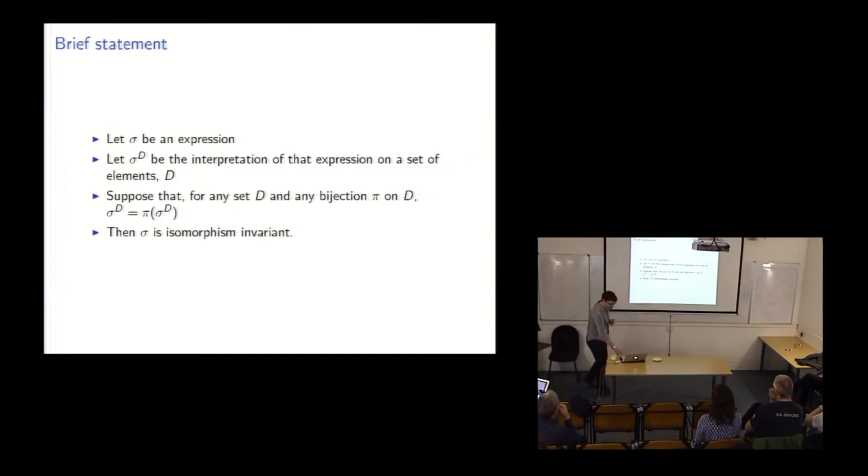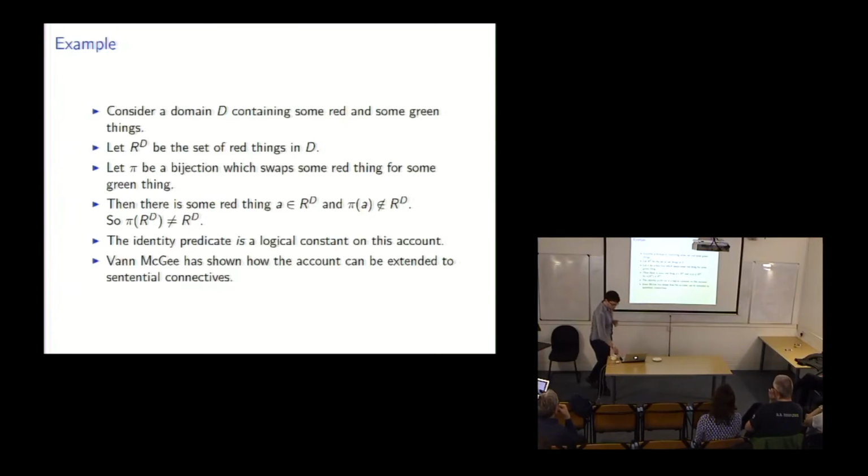So this will be best understood with some examples. Let's go through a couple. First of all, let's think about something that fails the test. Think about some domain D that contains some red stuff and some green stuff. Let RD be the set of red things, and now let pi be a bijection that swaps a red thing for a green thing.